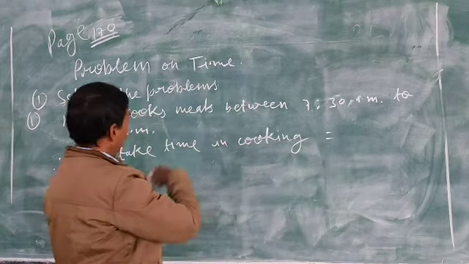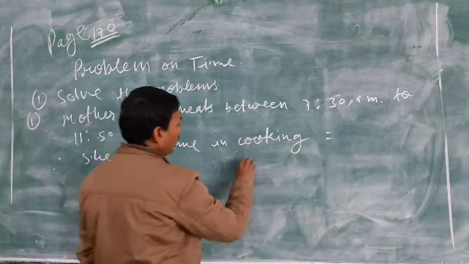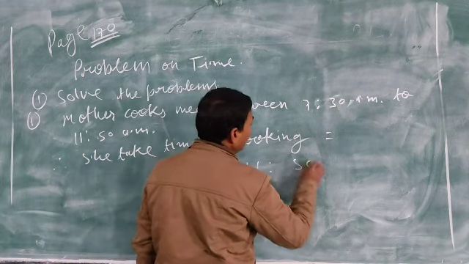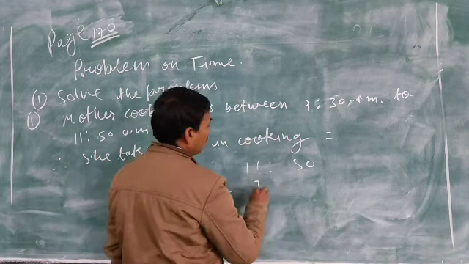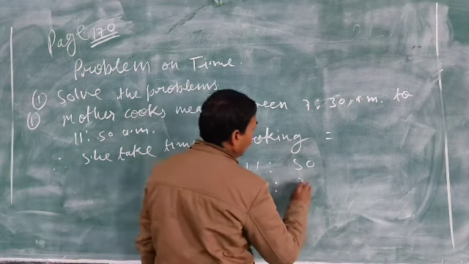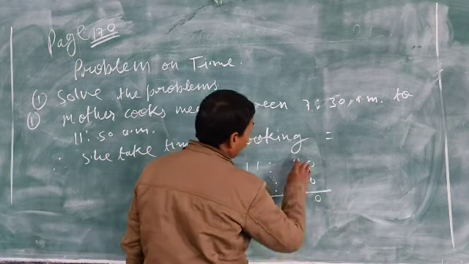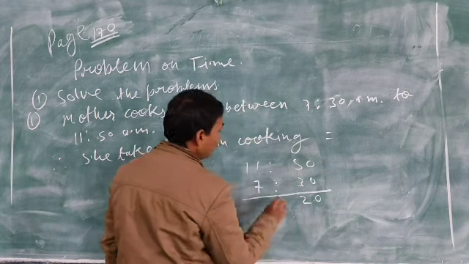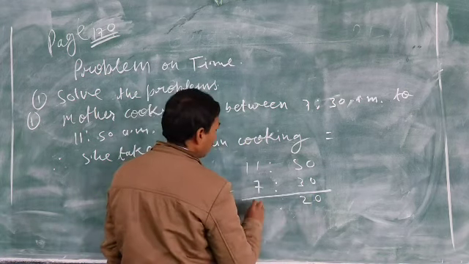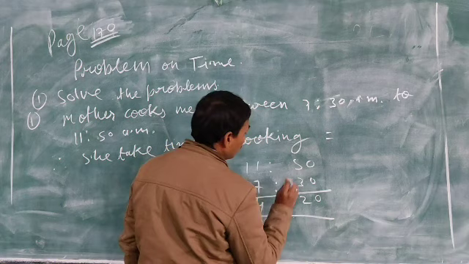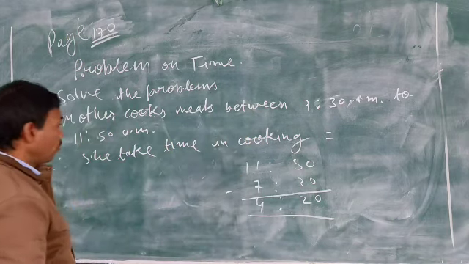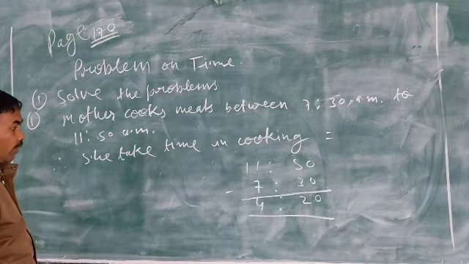Equal to, we should subtract here: 11 hours 50 minutes minus 7 hours 30 minutes. So 0 minus 0 is 0, 5 minus 3 is 2, and 11 minus 7 is 4. That is, our answer is 4 hours 20 minutes.